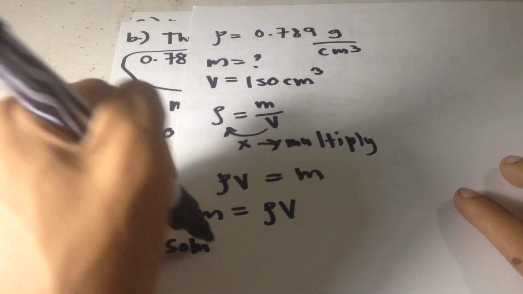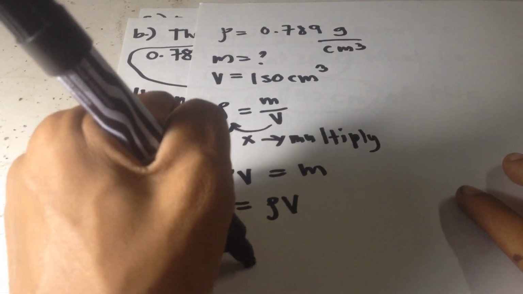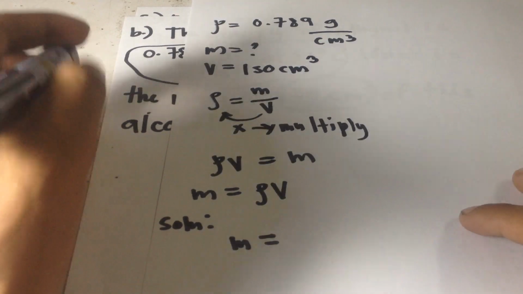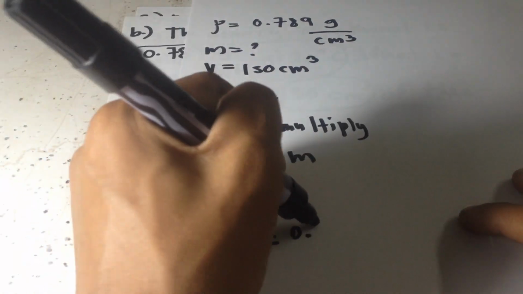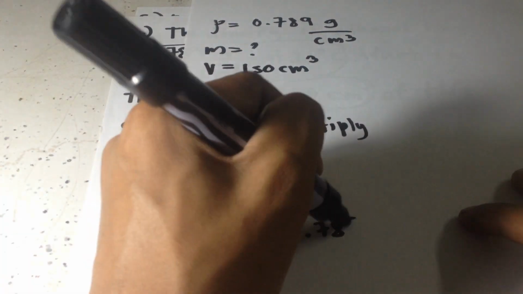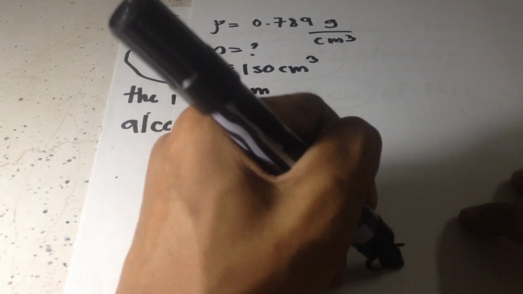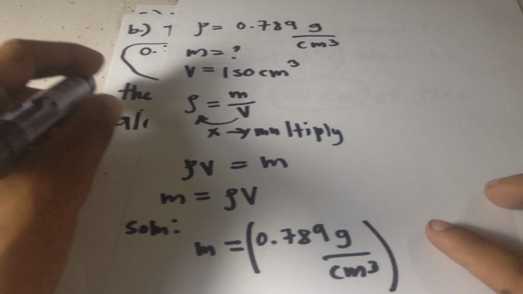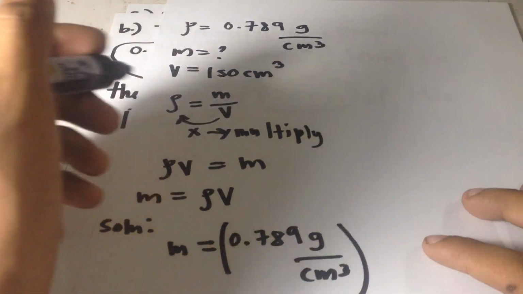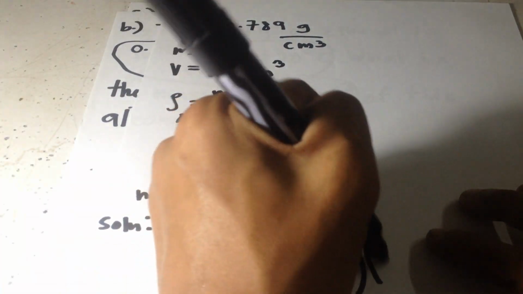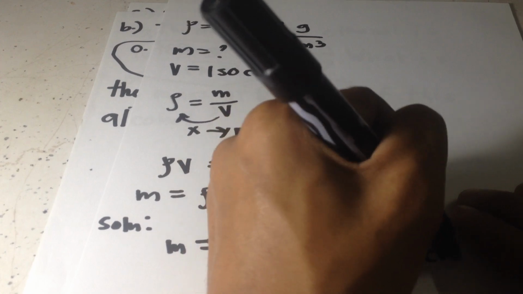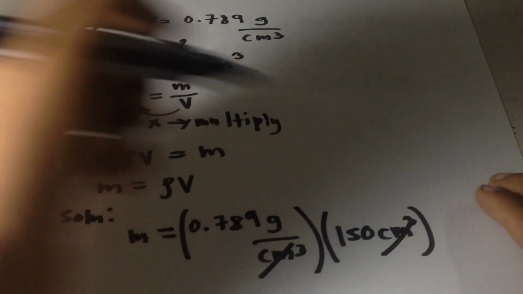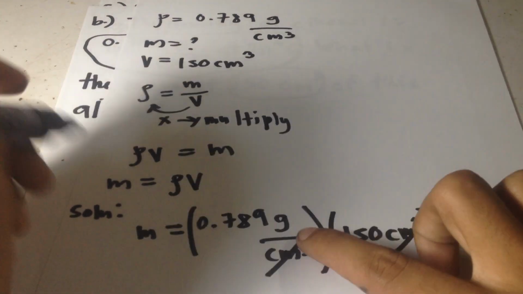Solution. Mass is equal to how much density? 0.789 grams per cubic centimeter times the volume. How much is the volume? 150 cubic centimeters. So you need to cancel out the cubic centimeter and the grams are left.